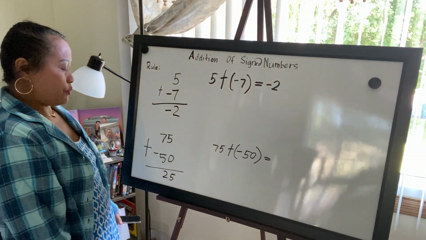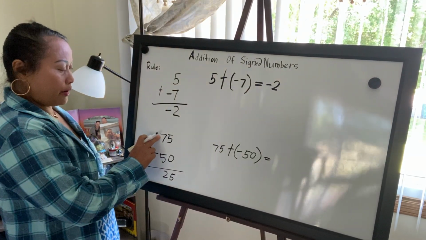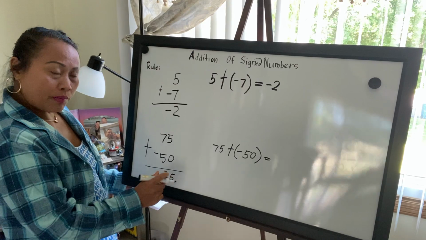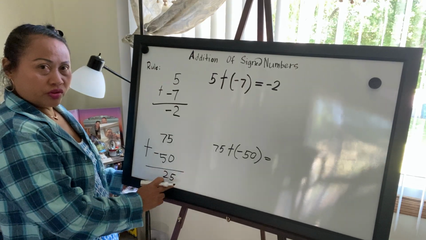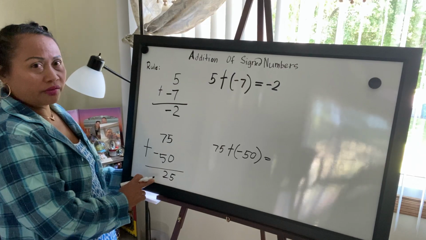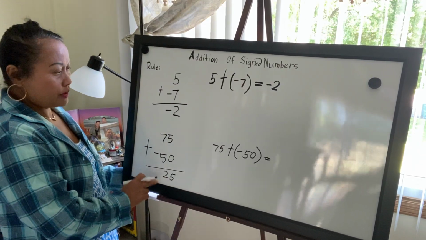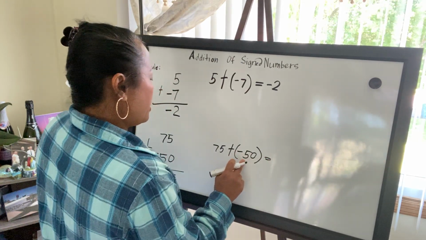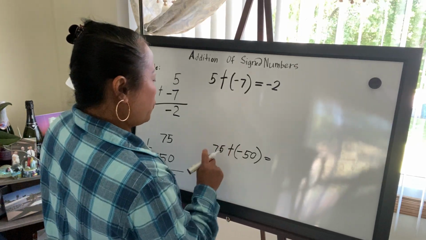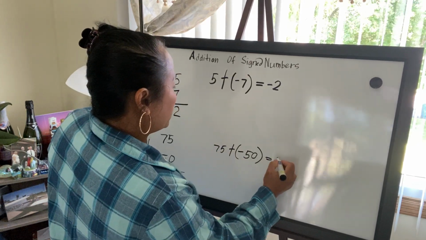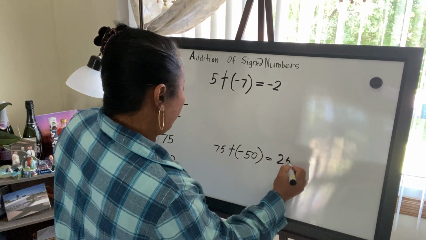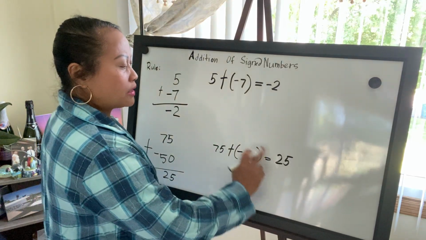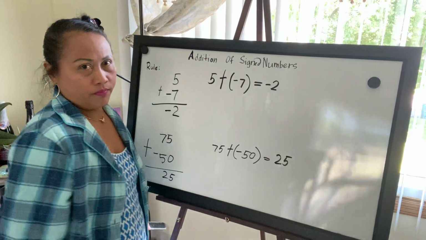So now the greater number is 75. So the answer is positive 25, or just 25, because a number without a sign is understood to be a positive number. Okay? So here also is 75, negative 50. This one is positive. So we have to subtract. So the answer is 25. Since 75 is positive, the answer is positive 25, or just leave it as 25.